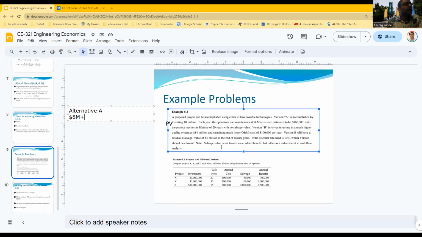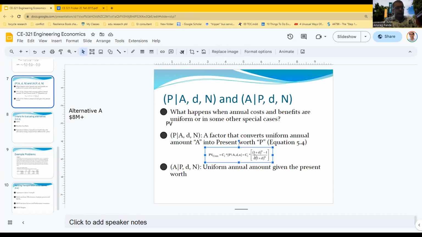So I'm just going to convert everything into present value. How do I convert the $860,000 into present value? I use the formula that I had. I'm going to copy that formula over.